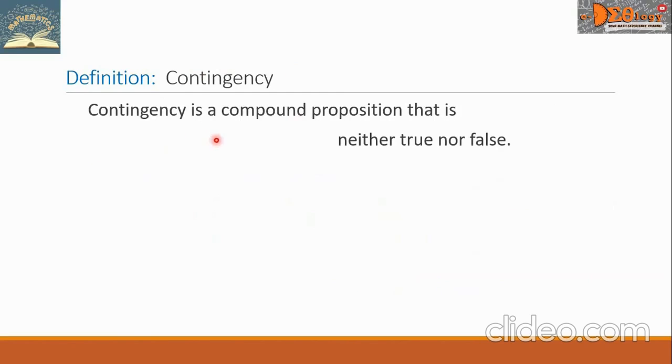Let's define contingency. Contingency is a compound proposition that is neither always true nor always false. Let's see this example. Prove that not P and not Q is a contingency.